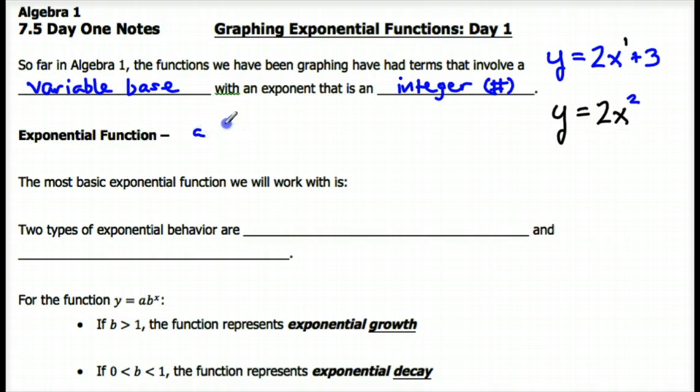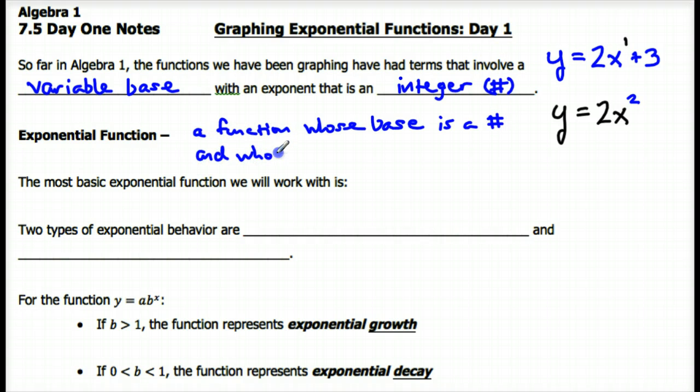It's a function whose base, again that's the big number part of a power, is a number and whose exponent is the variable.